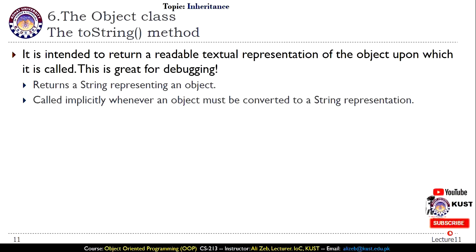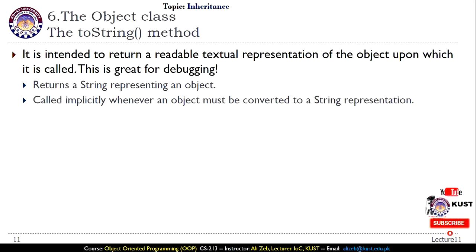We have seen that we do not explicitly call the toString method, and the reason for that is once we print the object, the toString method of the class that the object belongs to is implicitly called, and the details are displayed. It is called implicitly whenever an object must be converted to a string representation.